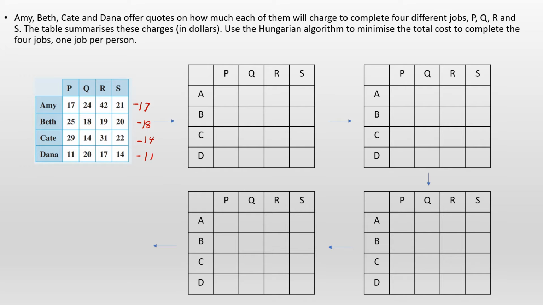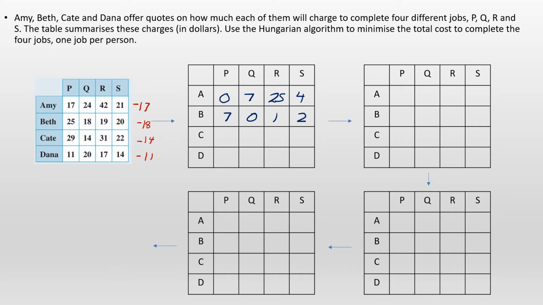So we're going to draw that in our first table here. 0, 7, 25, and 4. So we subtracted 17 from all those numbers in the first row. Second row, we have 7, 0, 1, and 2. So we've subtracted 18 from all of them.